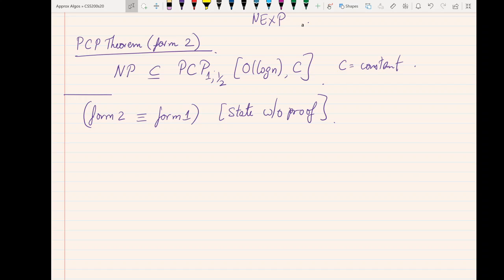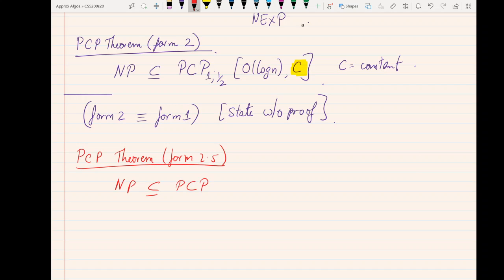Now, a notable aspect of this, of course, is this constant query size and how low we can get it. And in that vein, the following is due to Hastad: that you need to query.